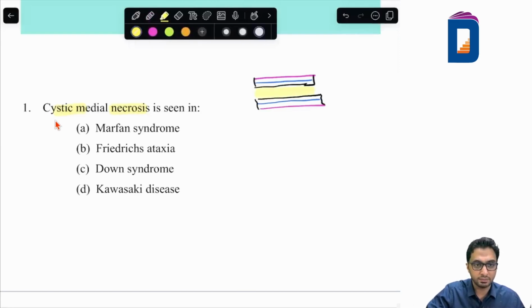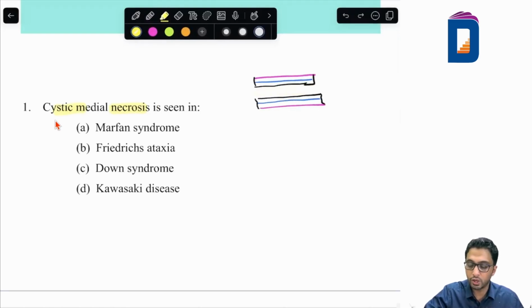If you know the answer, tell me. As I've told you, the blue one is your media, the middle layer. The medial layer gets degenerated in a particular condition, and this degeneration leads to necrosis.